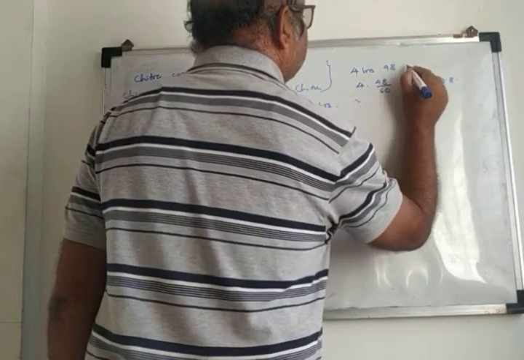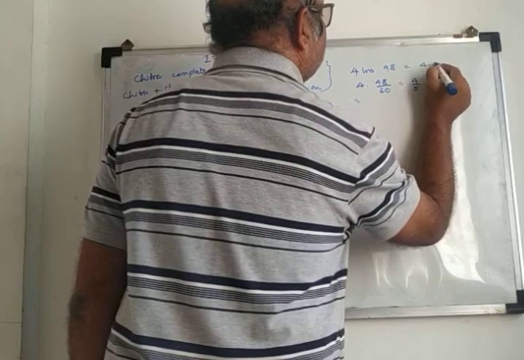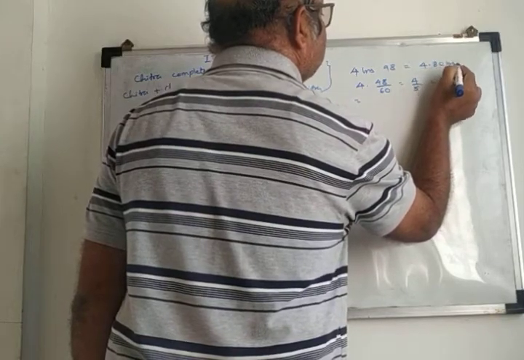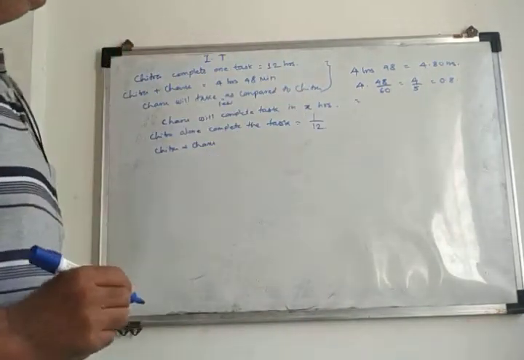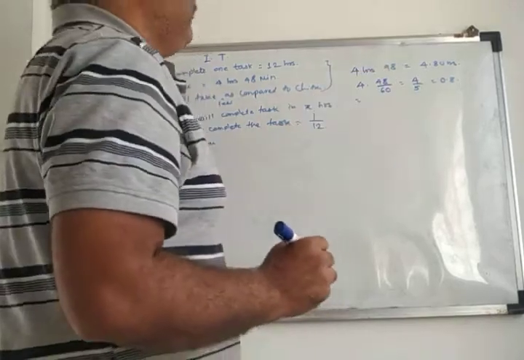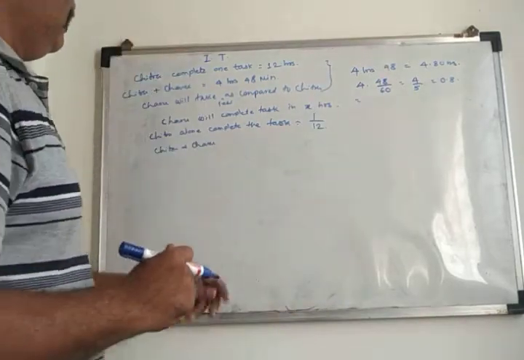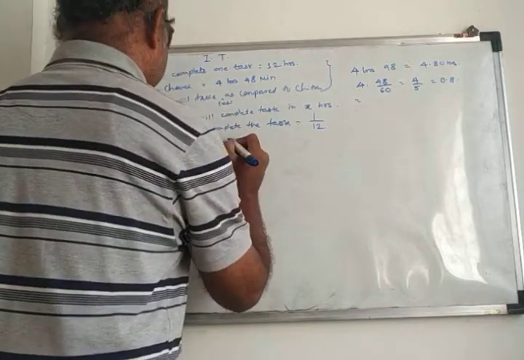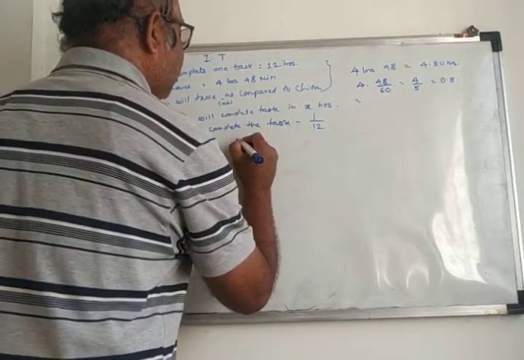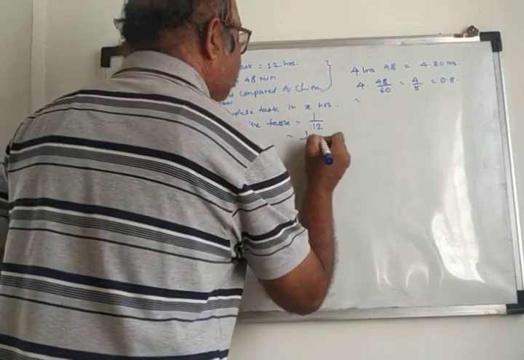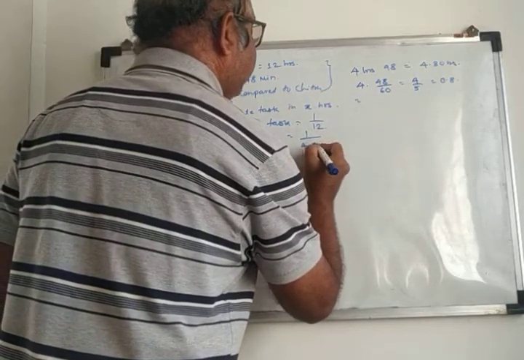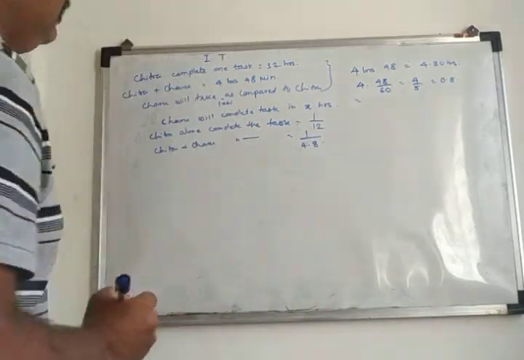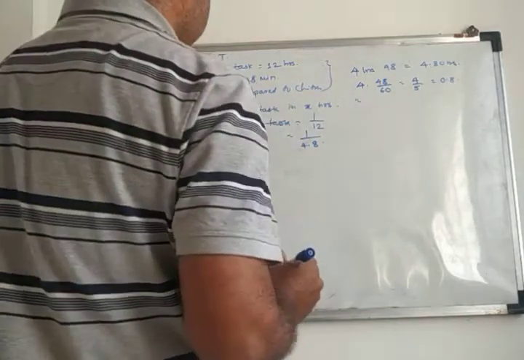So 4 hours 48 minutes is nothing but 4.8 hours. Many students make the mistake of taking 48 minutes as 4.48, and then there is a problem. So Chitra plus Charu will complete this task as 1 upon 4.8.